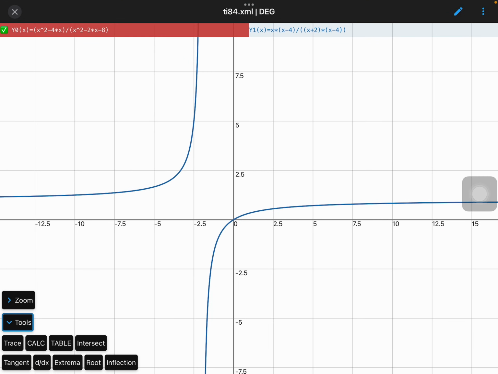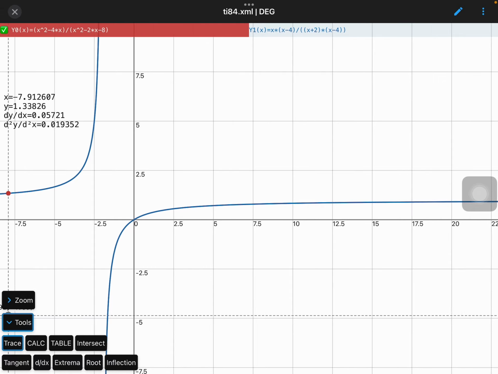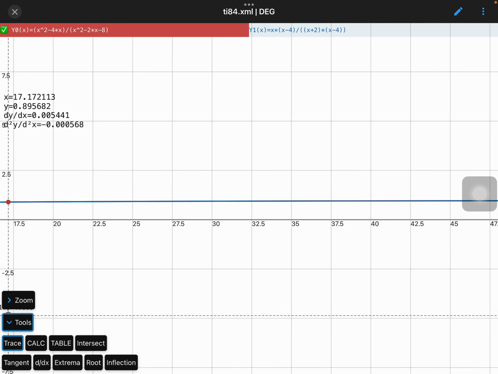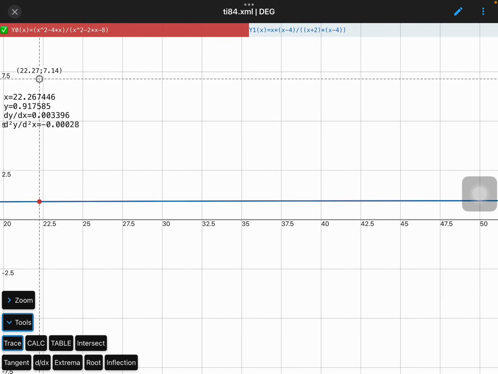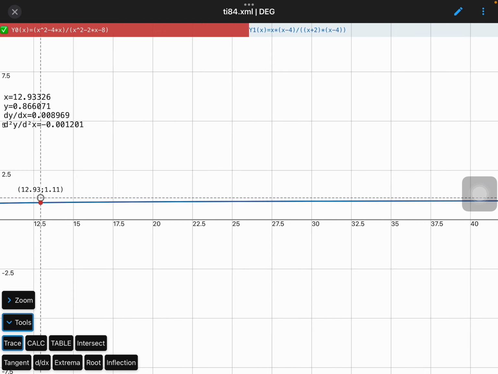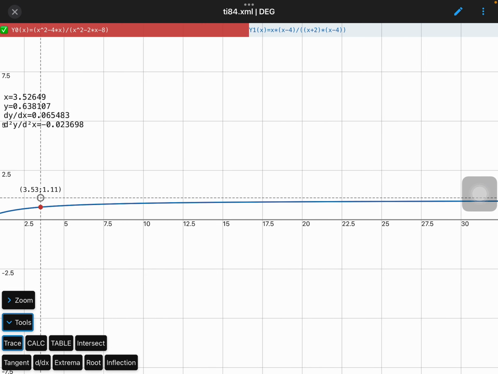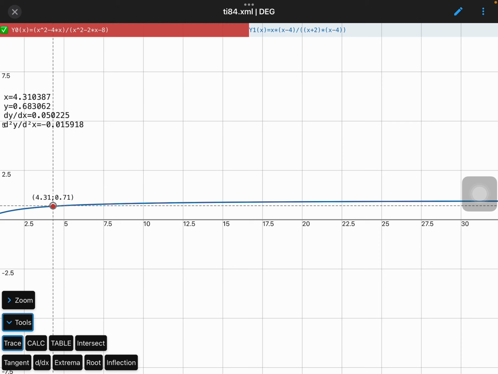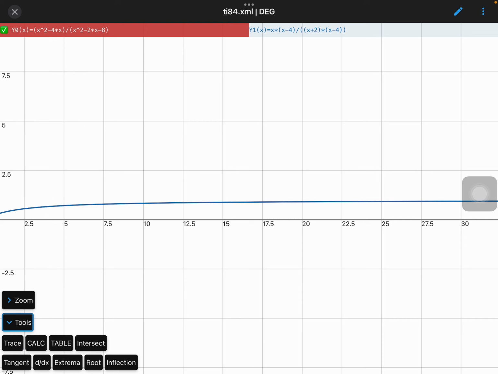I've got trace on here, and I'm just going to trace over to x equals 4, and we should show a hole right there at 4, and it skips right over it. Yeah, so this is a slight difference between the emulator and your calculator.